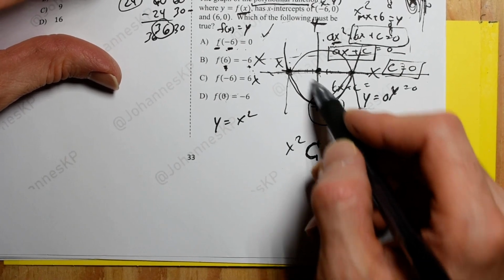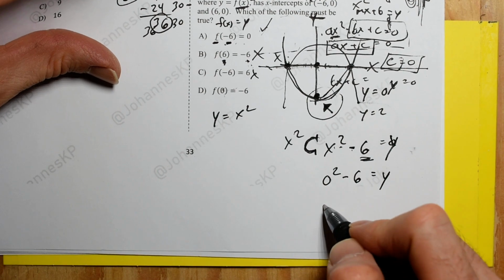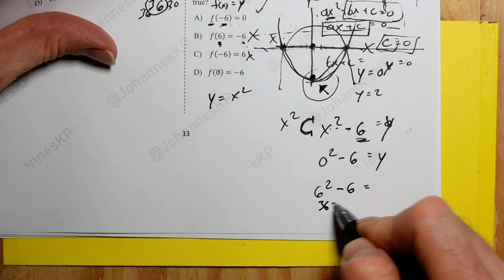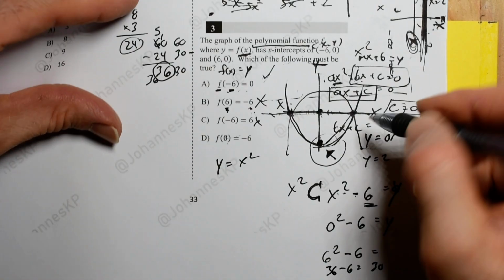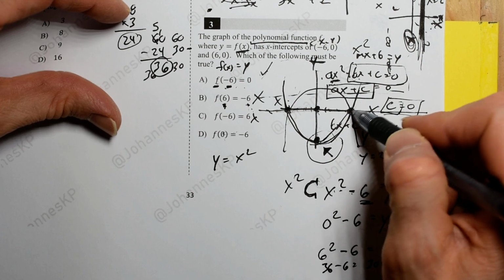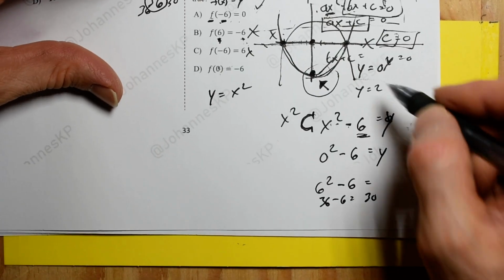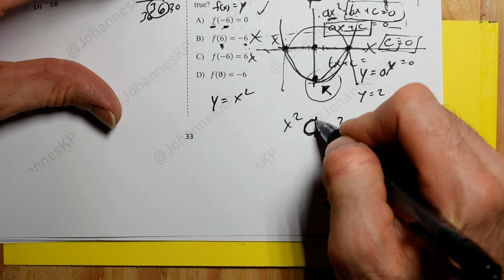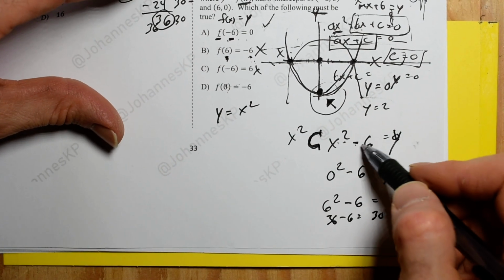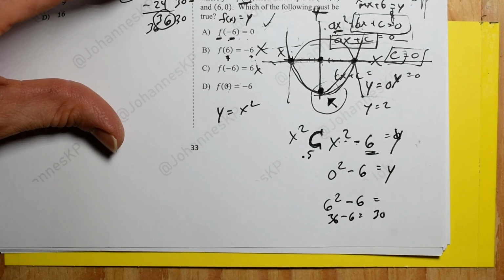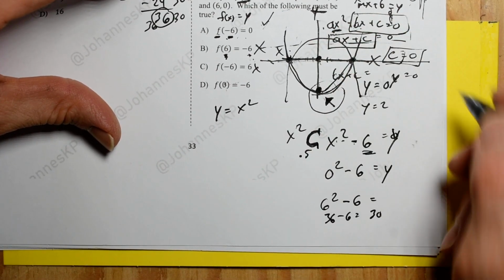But let's say you do throw in 6, so now you'd have 6 squared minus 6, which is 36 minus 6. It would have to be equal to 30, and we're not getting 30. We're getting 0. So that's the difference here. You would have to have a constant out here, and this constant would have to be a fraction or something to actually make these 3 points hit.